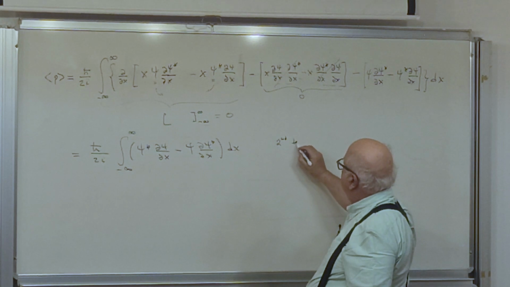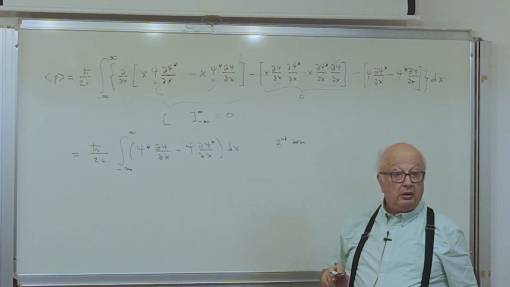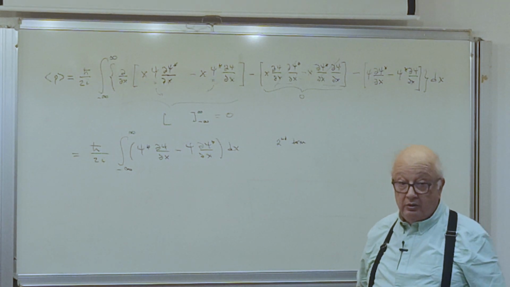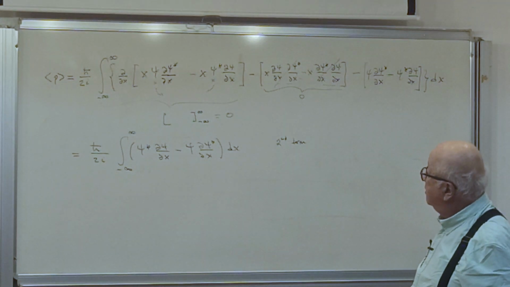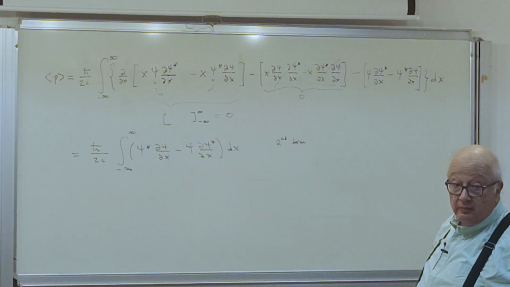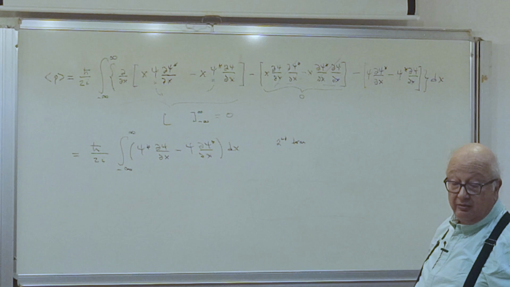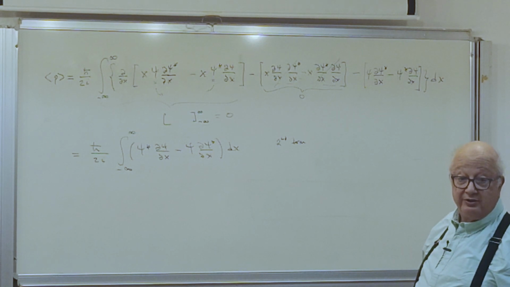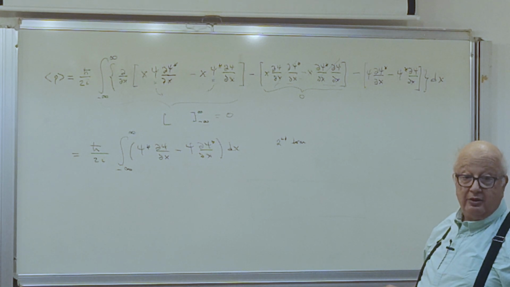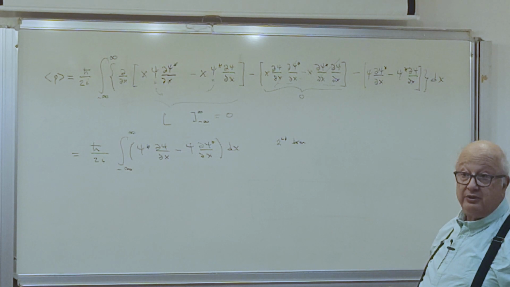Even though we know the wave function goes to 0, we are multiplied by x. Well, we assume that x times psi star psi also goes to 0. Because what does that mean?